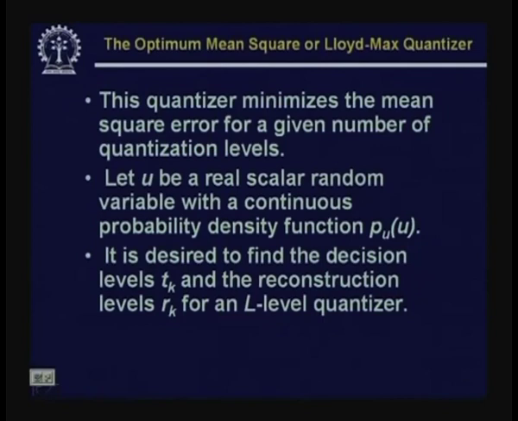Here we assume that u is a real scalar random variable with a continuous probability density function p u of u, and it is desired to find the decision levels T k and the reconstruction levels R k for an L level quantizer, which will minimize the quantization error. Let us see how to do it.